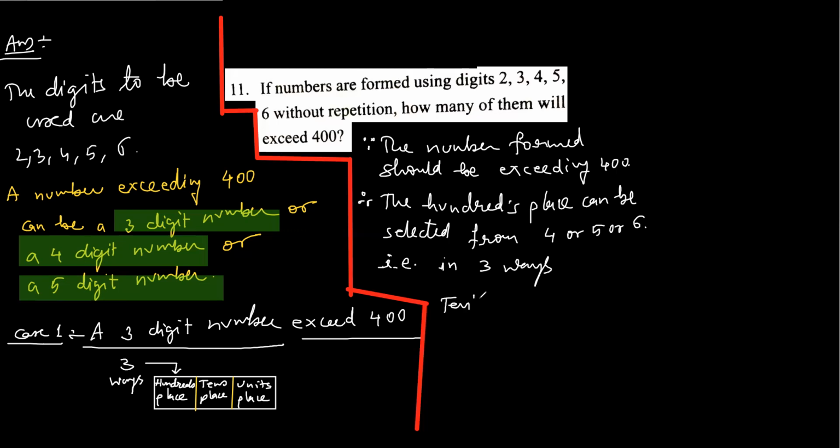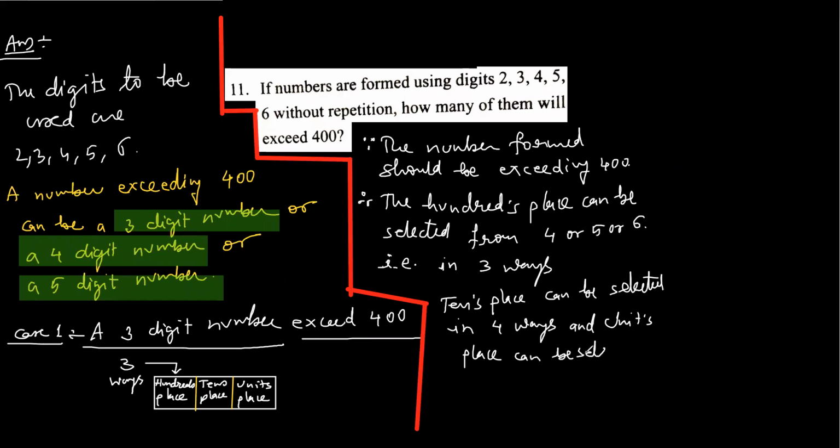here the tens place can be selected in 4 ways, and units place can be selected in 3 different ways.